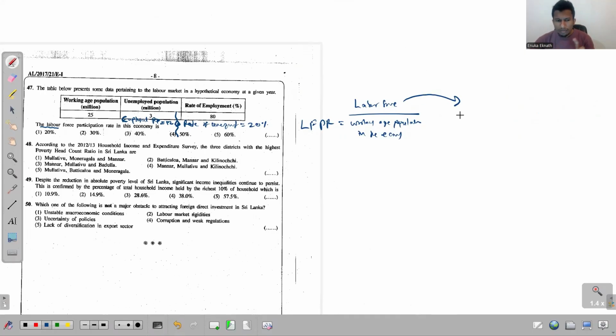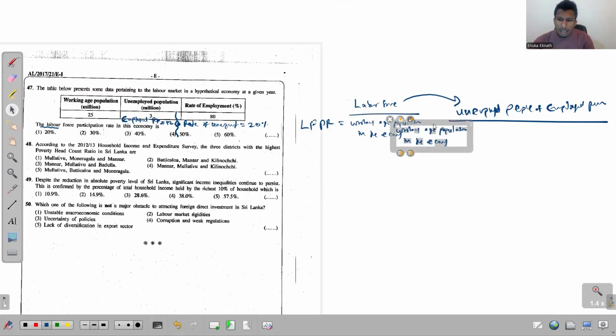So what are the two types of people we have here? We have, let's say, unemployed people and then we have employed people, right? So those are the two components coming under labor force, and that is divided by, once again, we can write working age population in the economy.